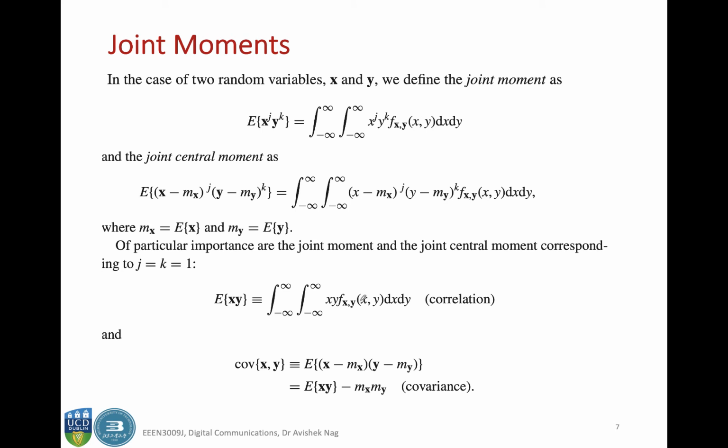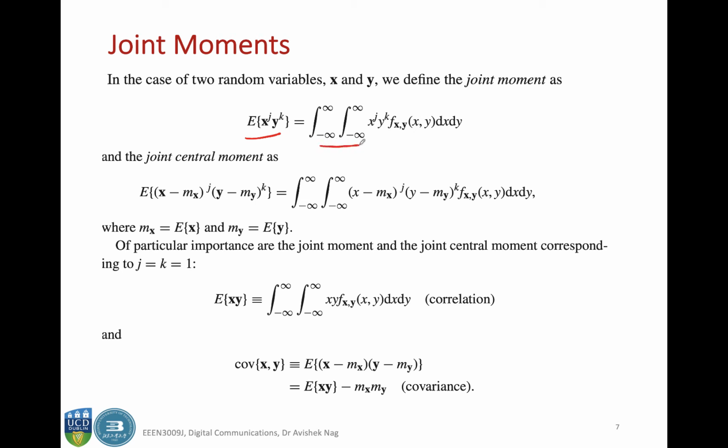So similar to the moments of single random variables, you can also define joint moments when you have multiple random variables. The general expression for the joint moment is given by this. This is basically the expectation of x to the power j and y to the power k, which means the jth moment of x and the kth moment of y.